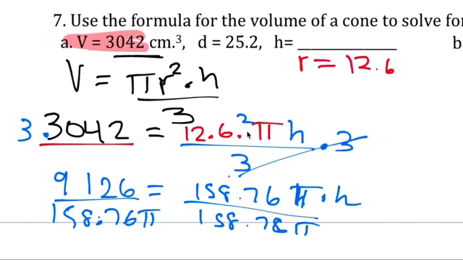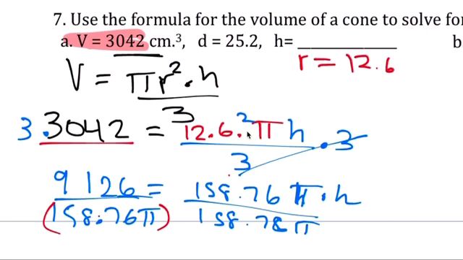158.76 pi. Make sure in your calculator that you put parentheses around these first. Otherwise, some calculators won't do that first. 126 divided by parentheses, make sure 158.76 pi, and then parentheses.